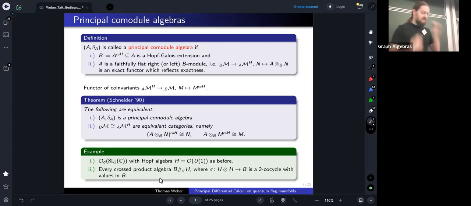I don't give you the definition of what this is, but here this just uses some version of a twisted 2-cocycle with values in B, and then you take a crossed product, which corresponds to the cleft Galois extension. So here we have some kind of cleaving map that is even more structure. Those cleft Galois extensions are sometimes called extensions with the normal basis property, since you have this decomposition.